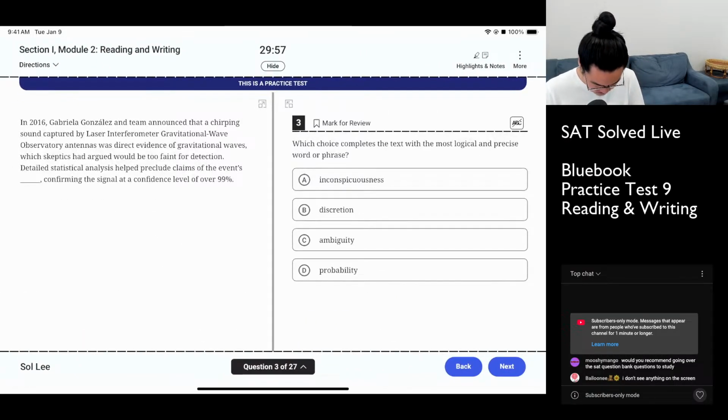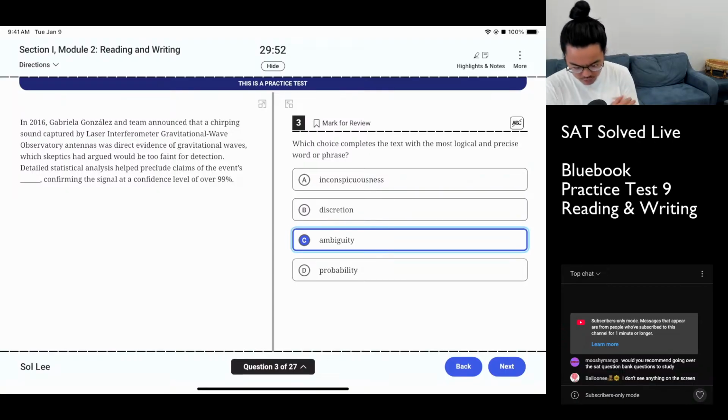Falseness, ambiguity, inconspicuous. I guess ambiguity is the only one that works. By the way, this is the first time I've ever seen this question. But probability is the opposite. Discretion is off topic. Inconspicuousness, you can't preclude the inconspicuousness of the event. That doesn't make any sense. So, yeah, ambiguity. Wow, that's a hard one.